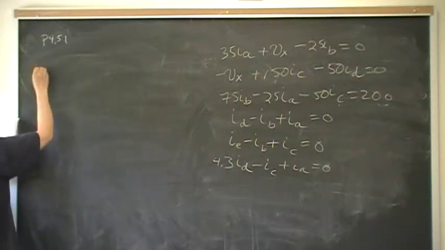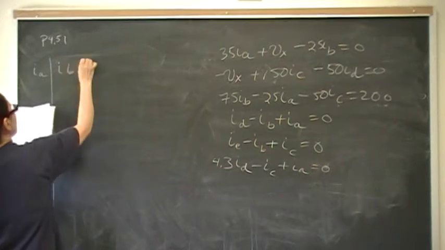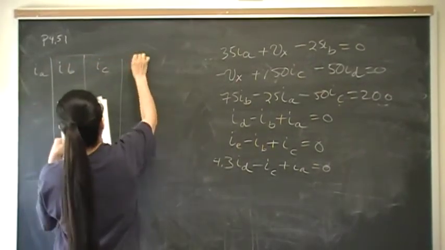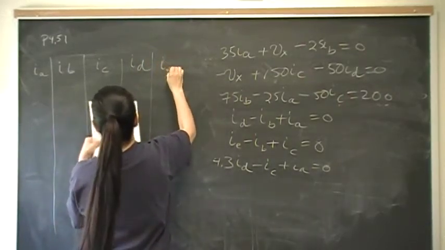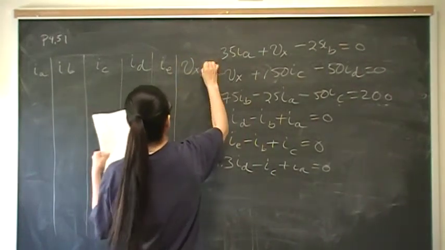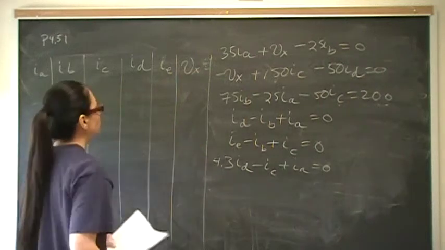So we got IA, IB, IC, ID, IE, and VX. And that's going to equal some constant. Okay.